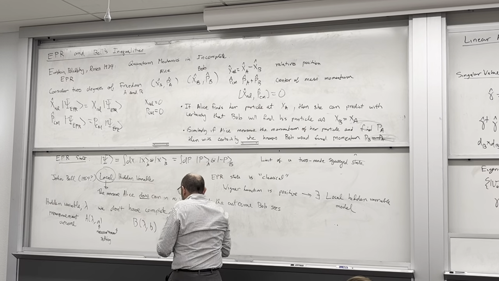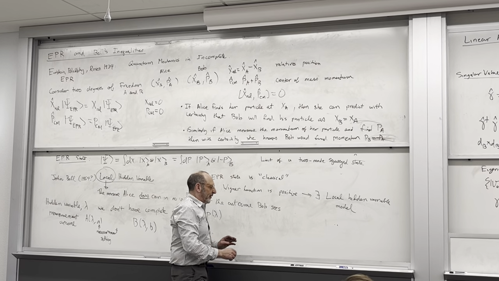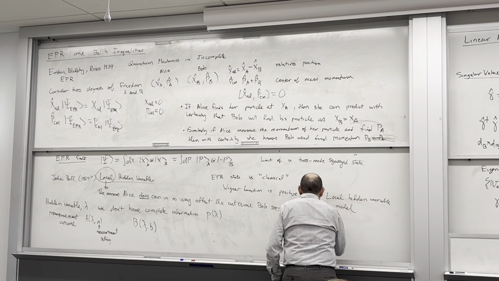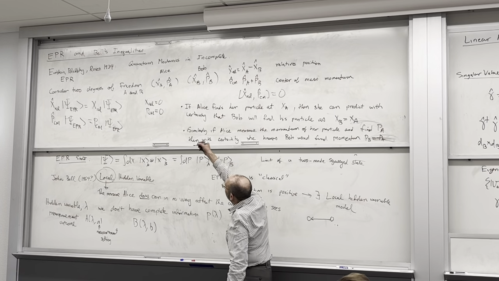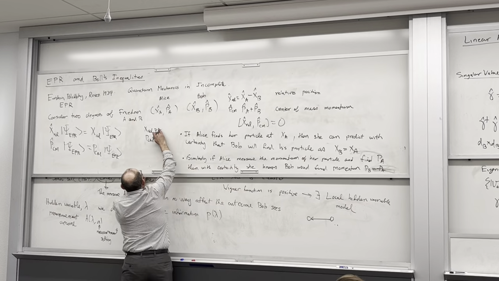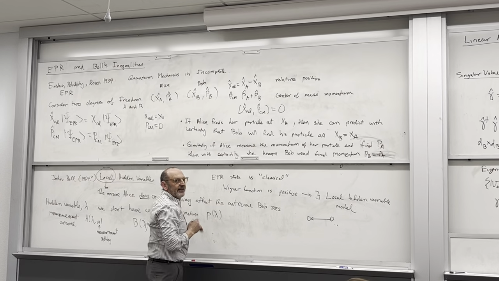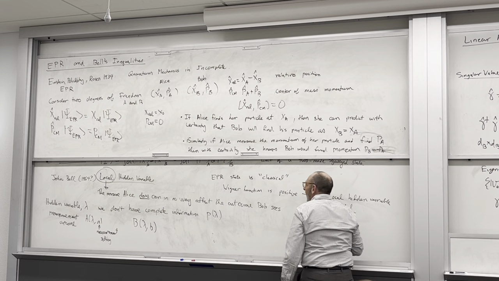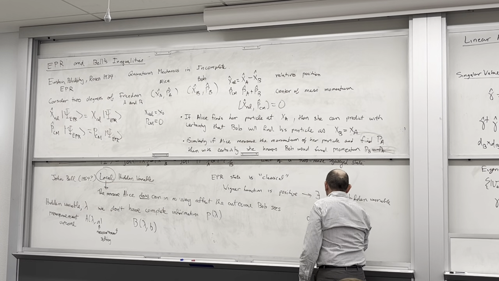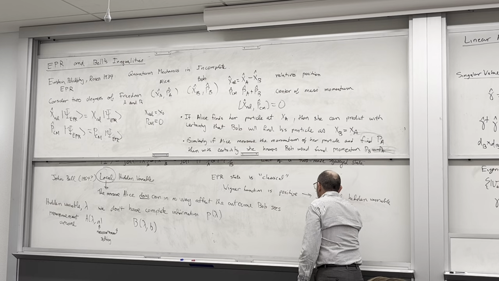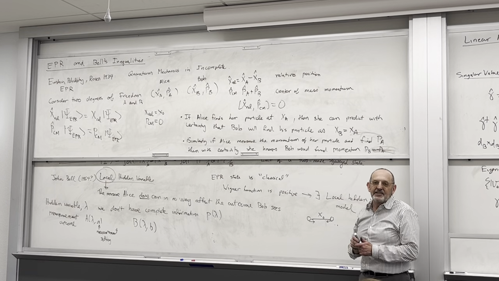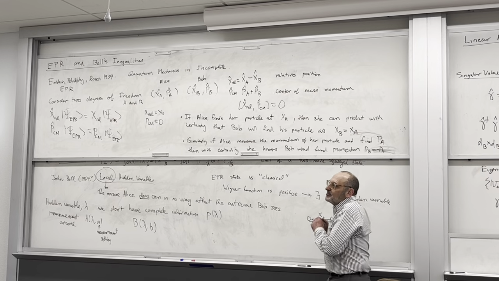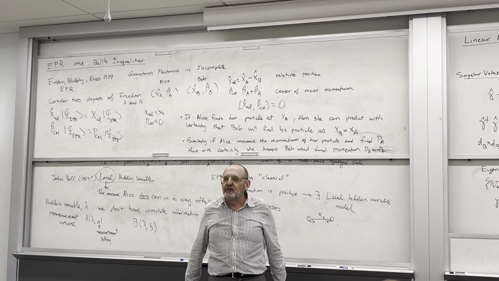And in the EPR case, what it would mean is the following. I'm going to send out two particles that are separated by x naught, such that this one is always moving in the opposite direction to that one. The center of mass that I'm going to send you is going to be completely random.